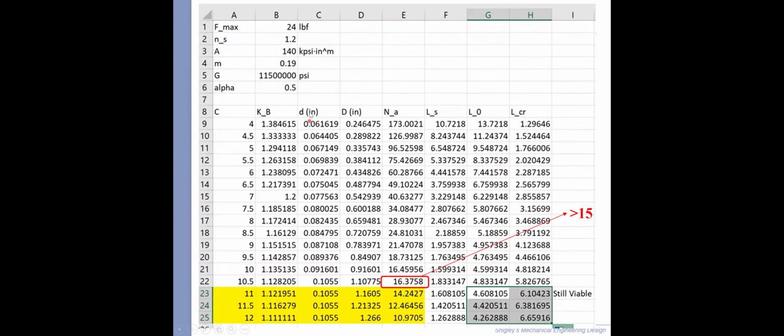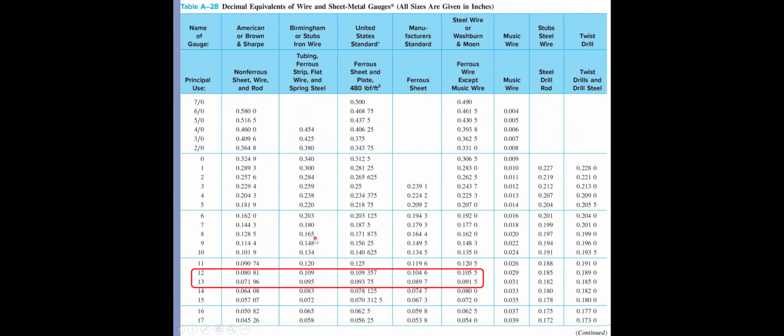The lowercase d is about 0.1055, okay? 0.1055 should be between these two, right? Here, between these two. So the gauge should be 12 or 13.